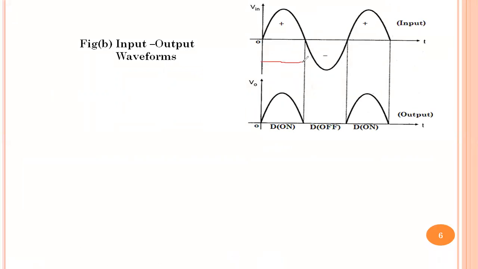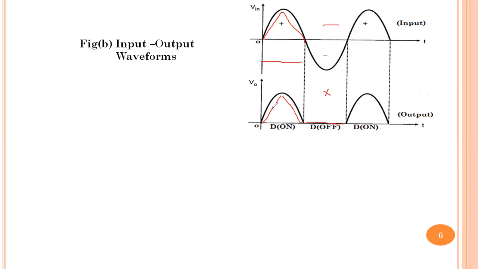Therefore, whatever cycle is present in the positive half cycle of the AC input, the same nature of voltage, increasing from 0 to the peak value, becoming peak and falling back to 0, is produced at the output across the load. But during the negative half cycle, what happens here? The diode is in the off condition, and the output remains 0.